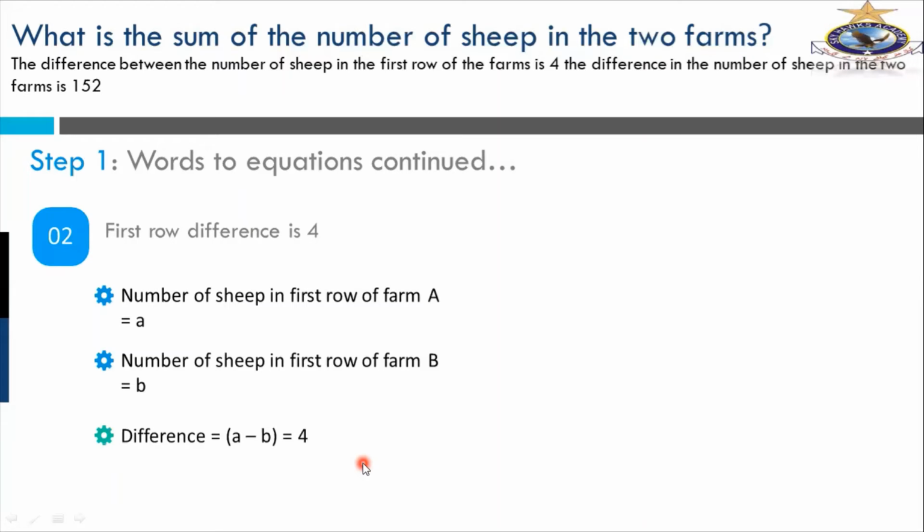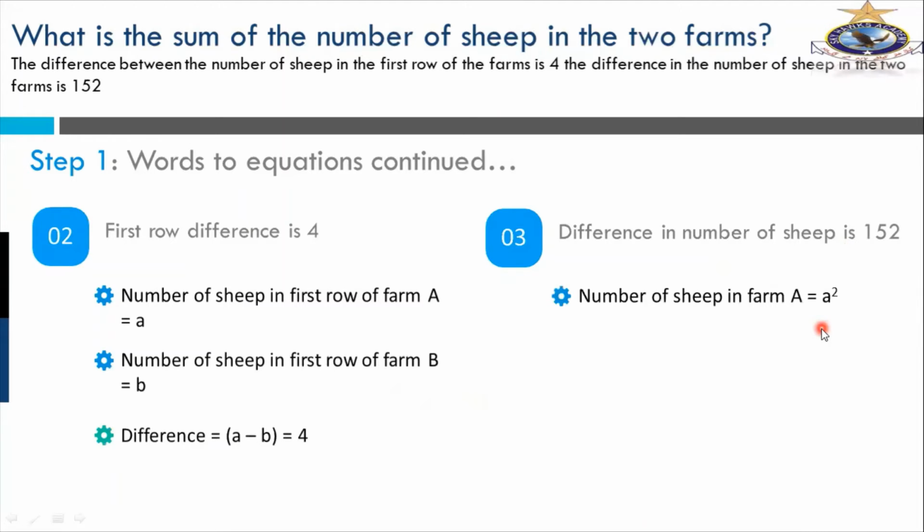One most important piece of information is that the difference of the two wanted quantities is 4. So we are just making the difference. The difference in the number of sheep is 152. The second is the total difference. That was the difference of the number of sheep in the rows, and this is the difference in the total number of sheep in the farms.